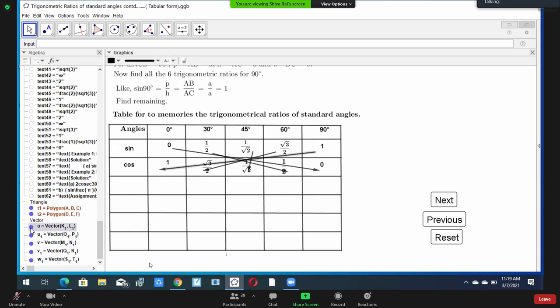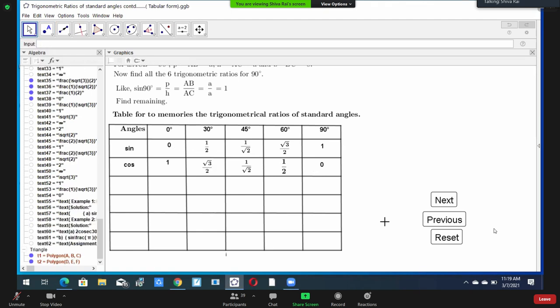Let's remove all this, removing those arrows. After this you can easily find other.